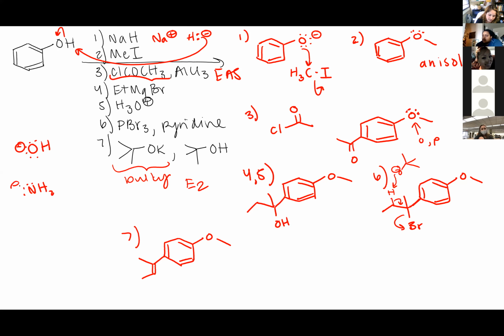Those are your two situations. You have to have an aryl halide, and it also needs to have some sort of electron withdrawing group on the ring. So that was if it was NAS. A very specific situation. Okay, thank you.